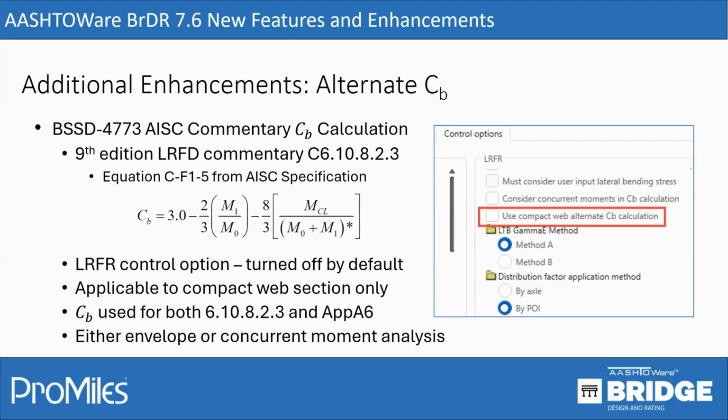So this control option is turned off by default. It's there if you want to use it. If you do want to use it, definitely take a look at the commentary and associated material, and make sure it's right for that structure. Basically this relates to sections with compact webs in contraflexure where one flange is continuously braced. So this just gives the user the option to use this if you determine that it is appropriate for your structure.